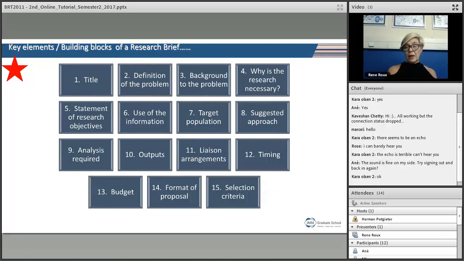Who is the target population? Who are the people that are using the product? Who are the people with the service? Who are the people that are buying it? How would you describe them in terms of where are they geographically situated? Are they male, female? How old are they? Are they in a certain income group?